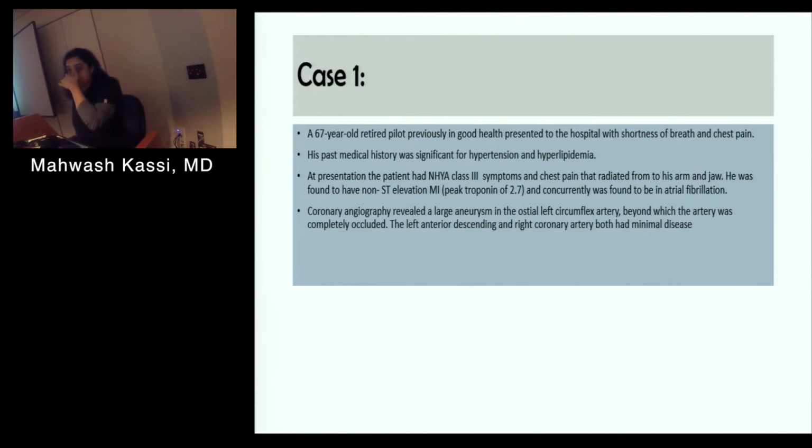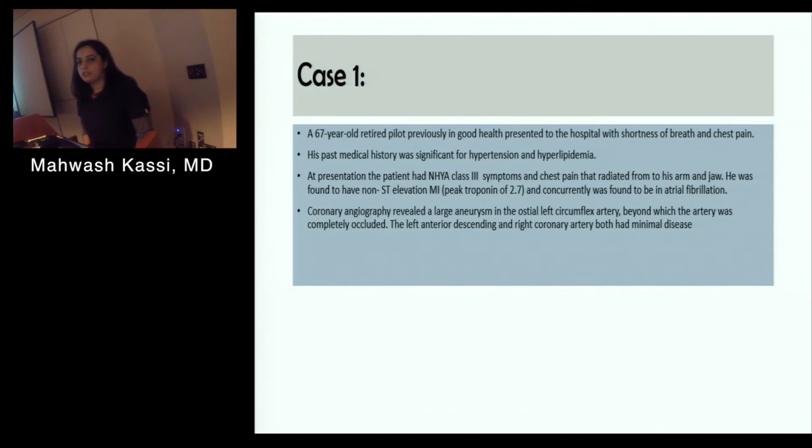So this is a 67-year-old retired pilot who was previously in good health. He presented to the hospital with shortness of breath and complaints of chest pain. His only past medical history was hypertension and hyperlipidemia, and he had an abnormal stress test several years ago with a coronary angiography that was not abnormal, and he did not need any stents or bypass surgeries.